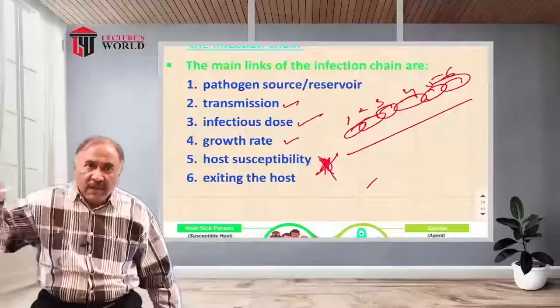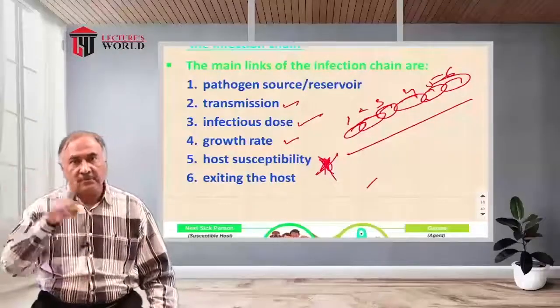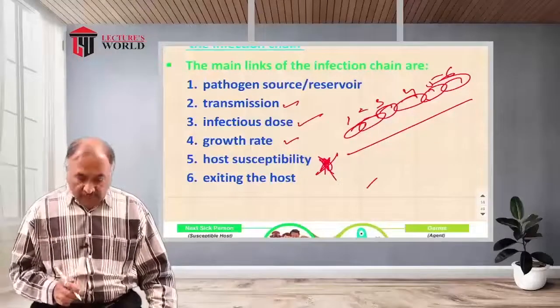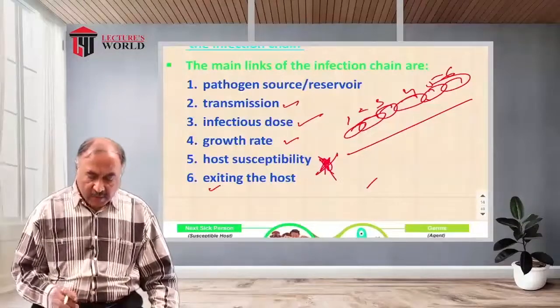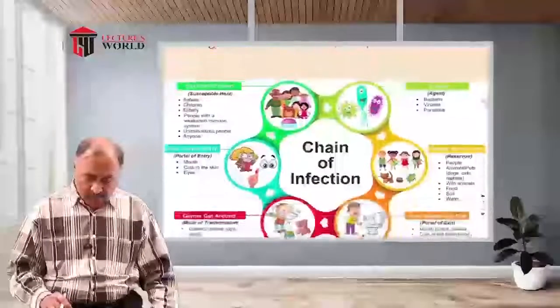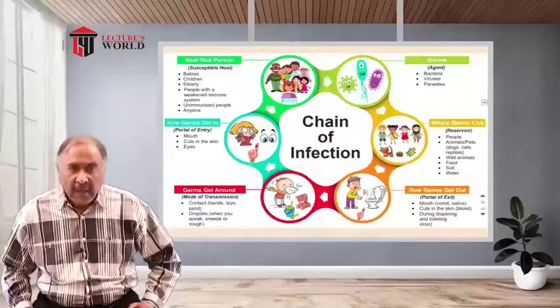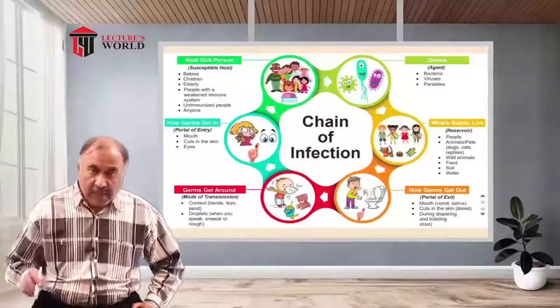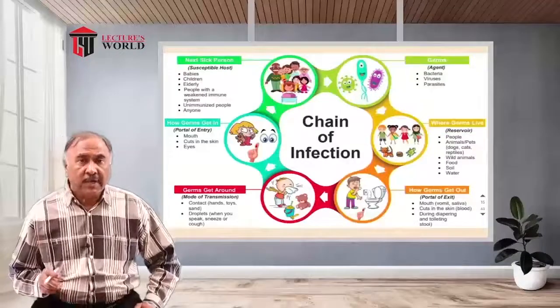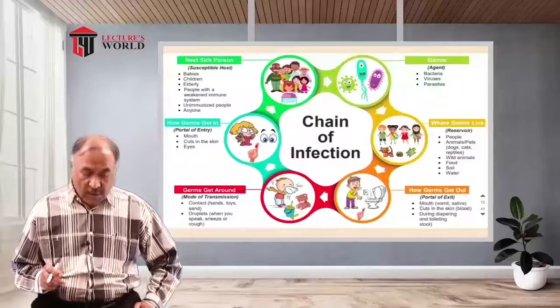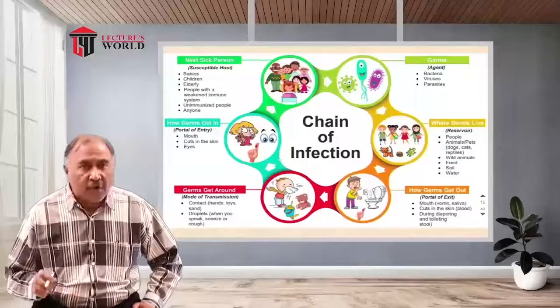In this way, the entire cycle can be fulfilled. That is known as exiting the host. This is basically the chain of infection. If you remember this slide properly, then you will be able to write the detailed account of the chain of infection.